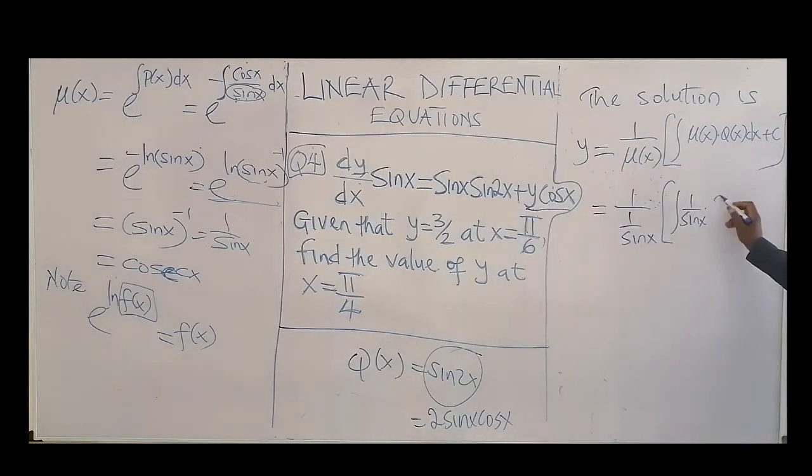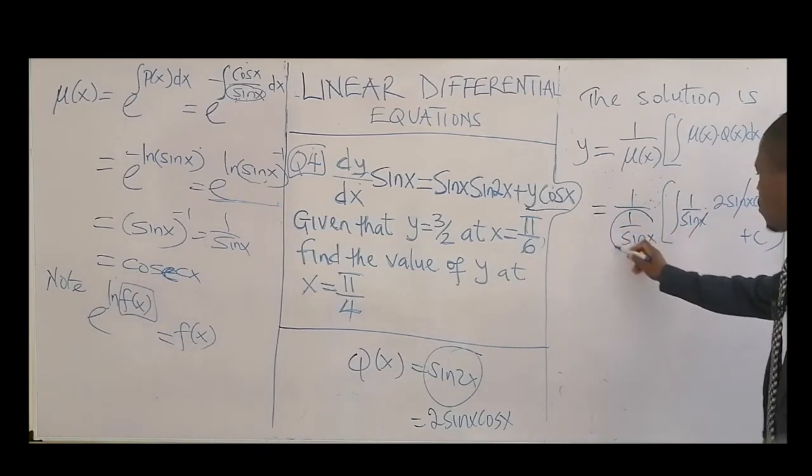So that's 1 over sine times 2 sine x cos x dx, then plus c. There's no space here. So sine will cancel out here.